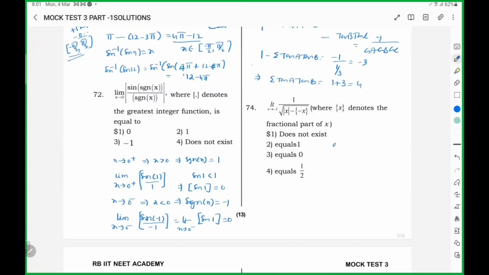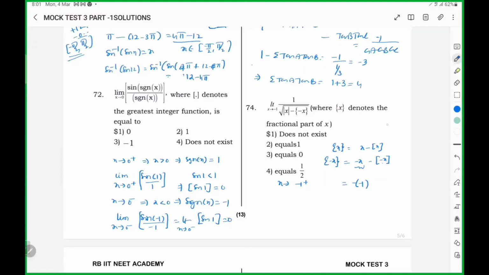Here, fractional part of x will be fractional part of minus x. As x approaches minus 1 plus, here you don't have any trouble. Minus of minus 1.